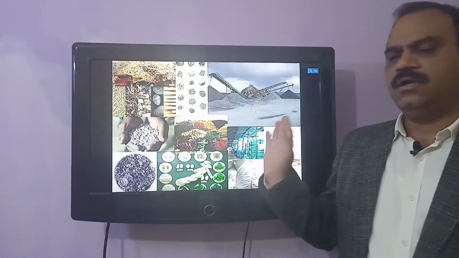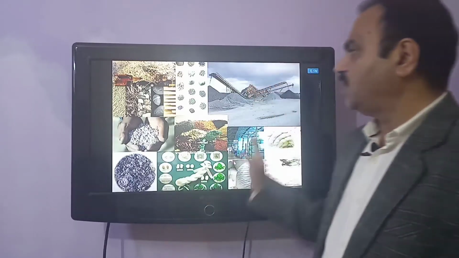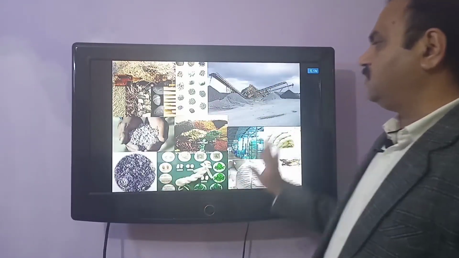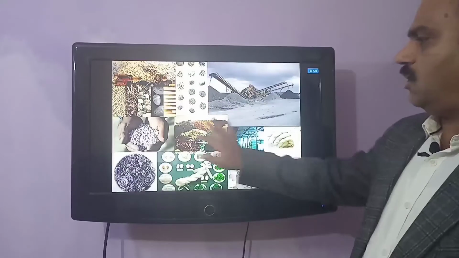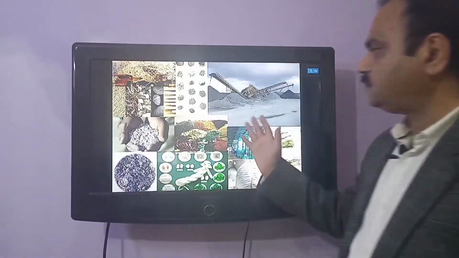Most of the iron mills you will see are located in the places where raw materials of iron ore are there, and coal is also found there. So here you see that these mining sites all are the primary locations of the industries.